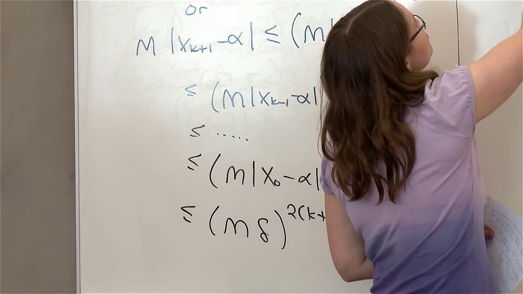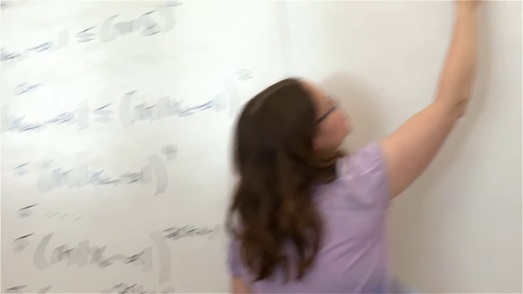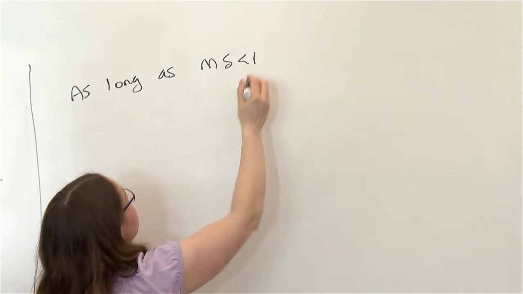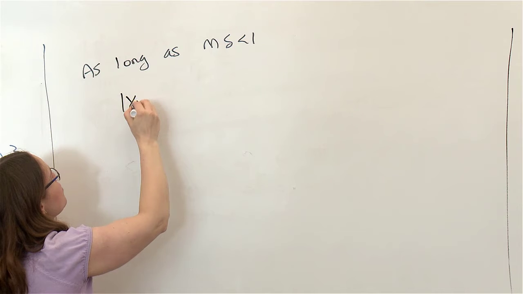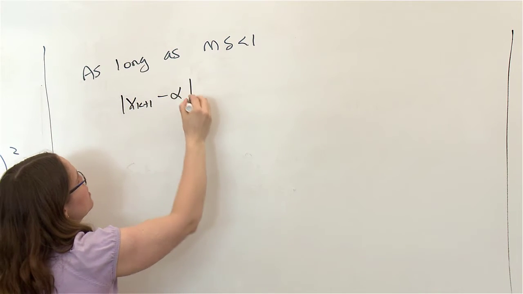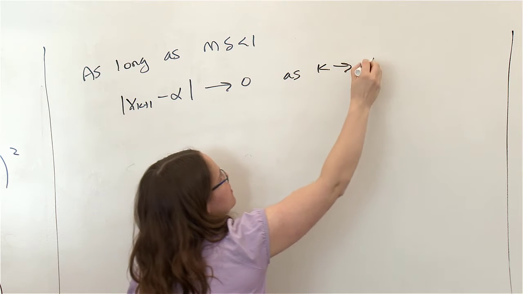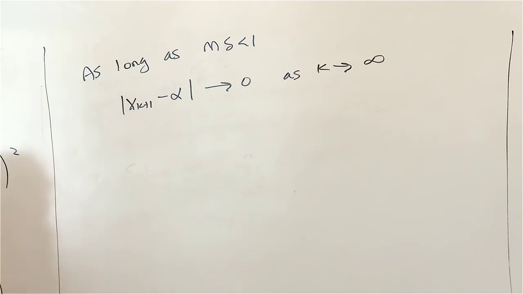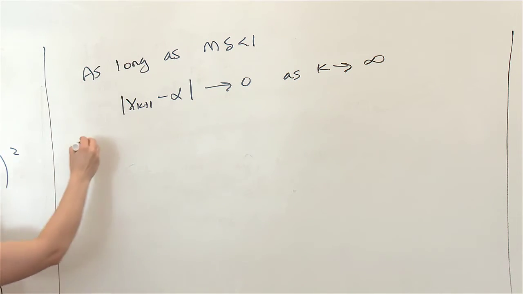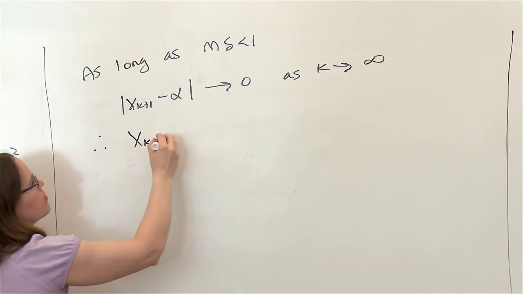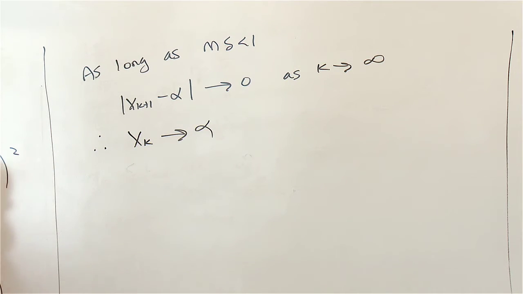So as long as we chose m delta to be less than 1, xk plus 1 minus alpha is going to converge to 0 as k goes to infinity. And that's completely equivalent to saying xk converges to alpha.